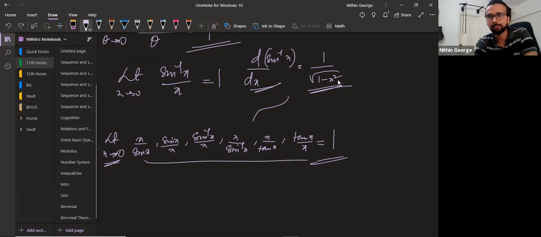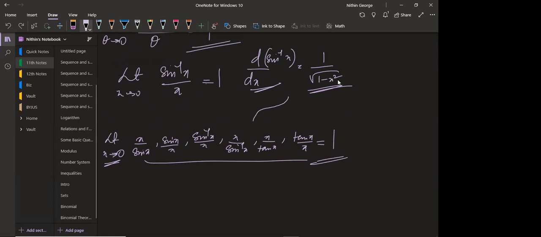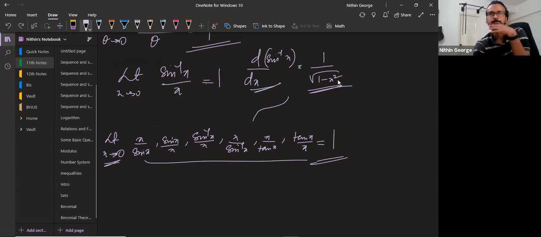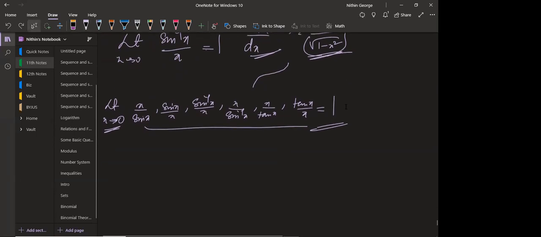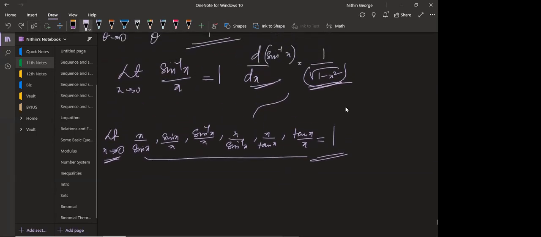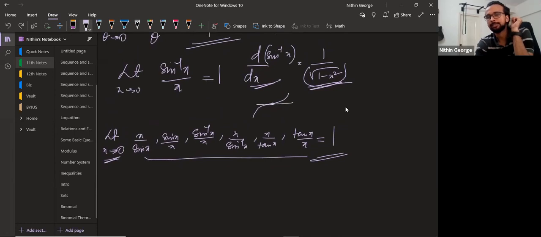So you should understand that the slope of the graph of sine inverse x will always be positive, because it's root of 1 minus x square, and a root cannot give a negative value. It's one way of thinking about it. It will become 0 at x equal to 1 and minus 1.